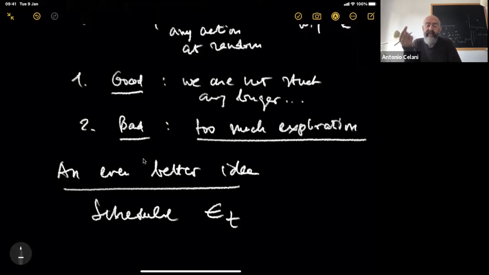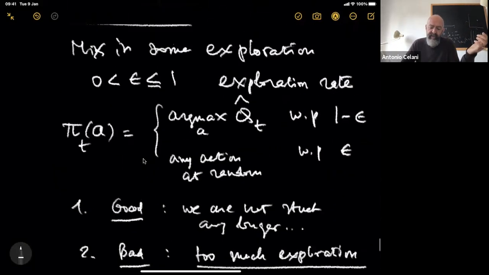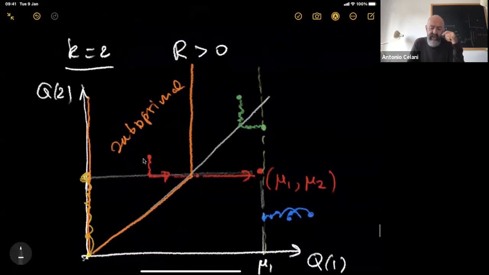Well, if we set epsilon equals 1, we just take actions at random, no matter what our Q is. So it's a way of ignoring the bias, if you wish, and moving more randomly. So at the first step, if epsilon is very large, there is no such thing as staying in place. You just start moving around. And if the learning rate is also large, you will make large steps. So if you combine large learning rates and large exploration, your point here is basically moving around randomly. So you explore a lot.